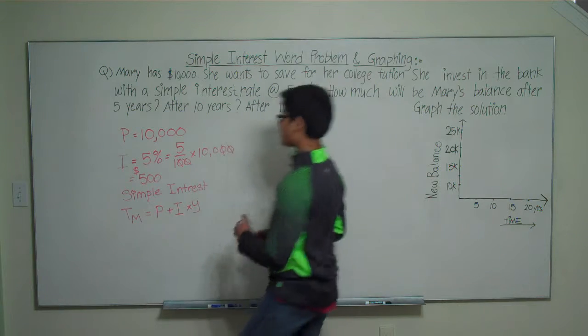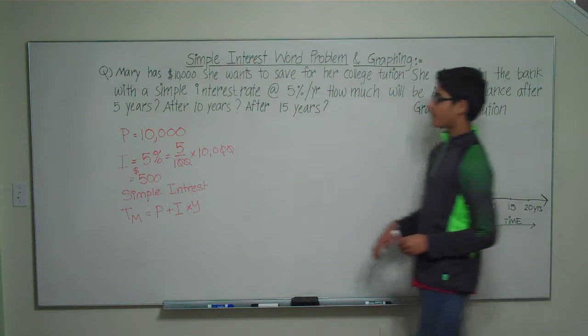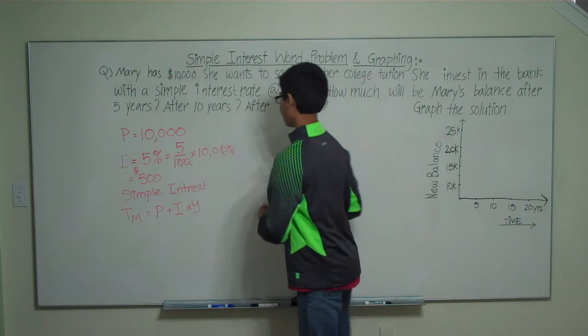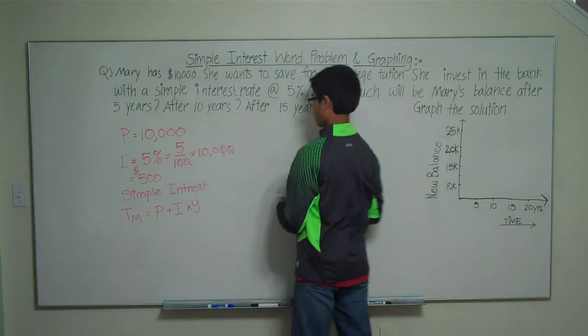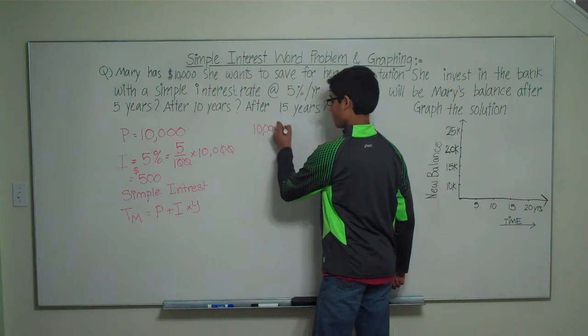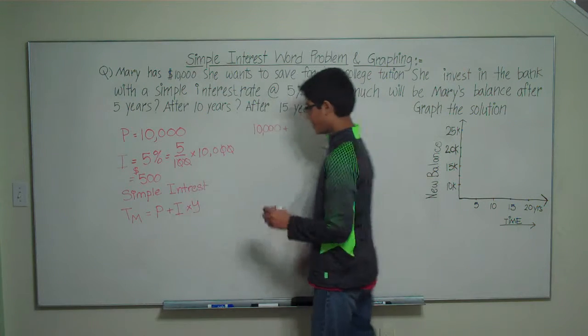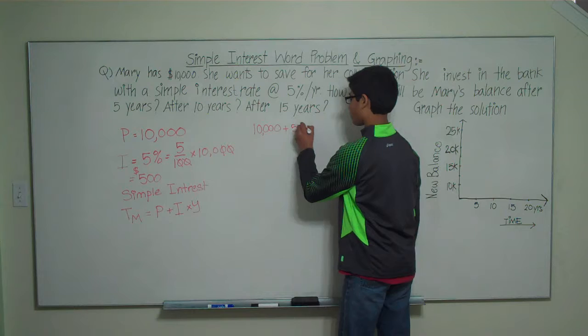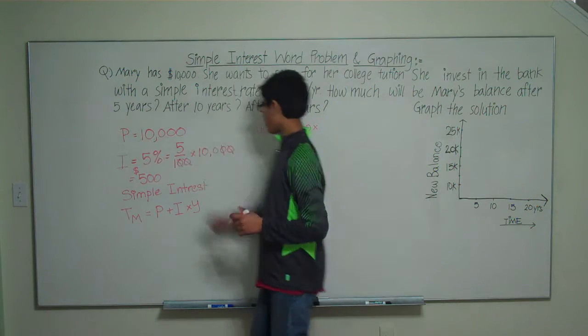So let's find out how much will be Mary's balance after 5 years. So the total money is equal to the principal, which is $10,000, plus the interest, which is 500, times the years, which is 5 years.